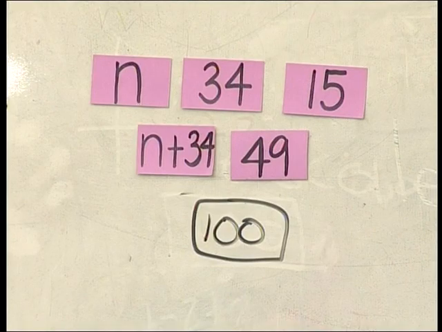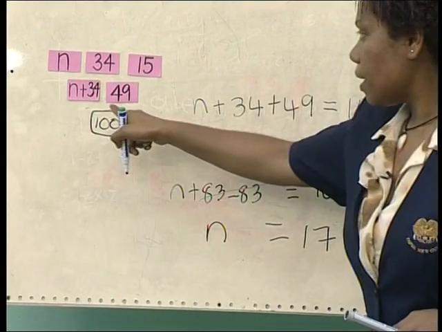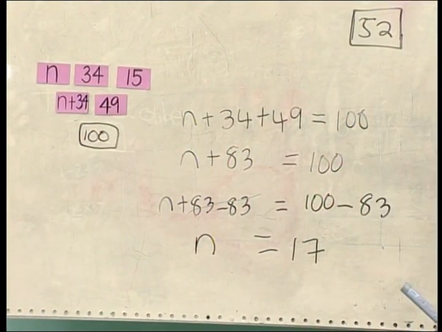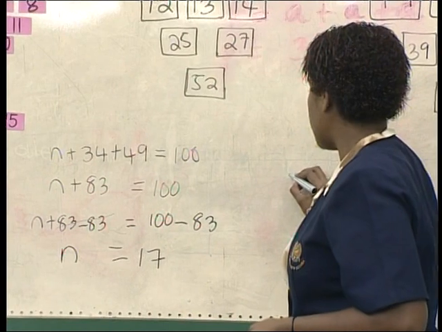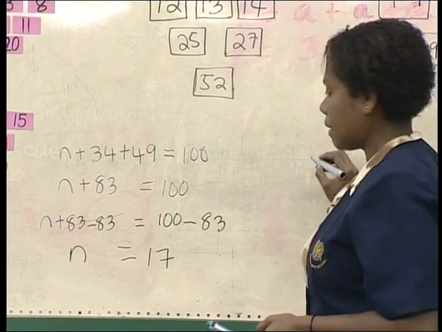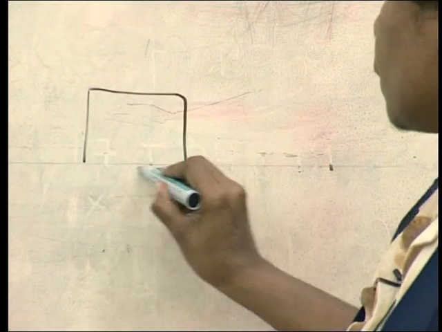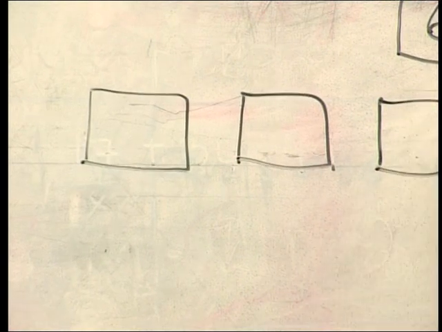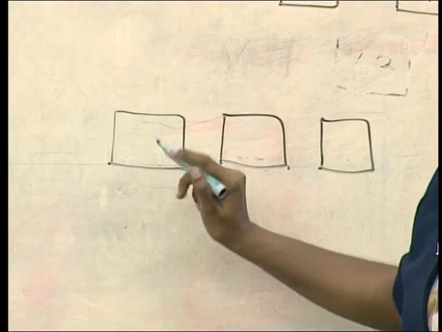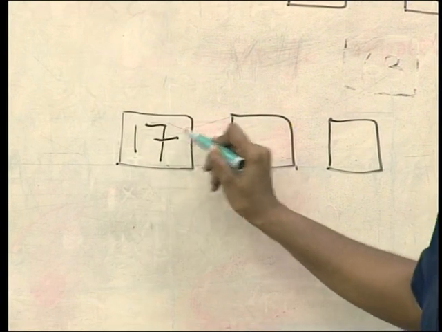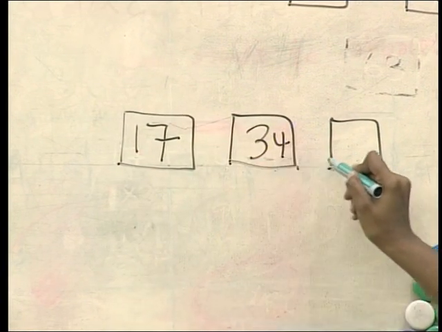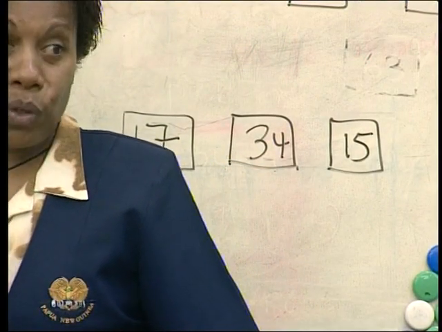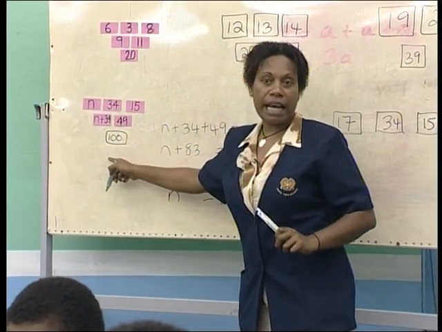So if you try and add 17 plus 34, right? Plus 49. Will it give you 100? Yes. Just to confirm your answer, because the value of N is 17. So let's try the box this way. 17 plus 34 plus 15. Because here, N, remember, so we want to confirm if it's correct. The total is 100.